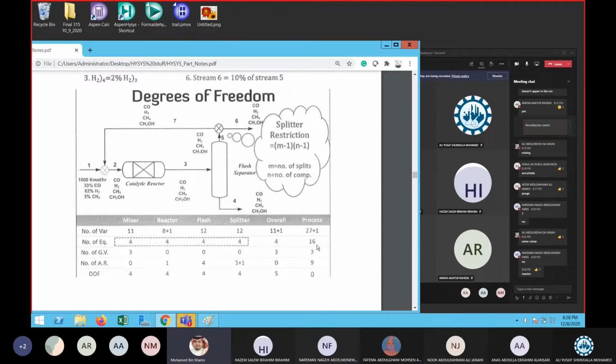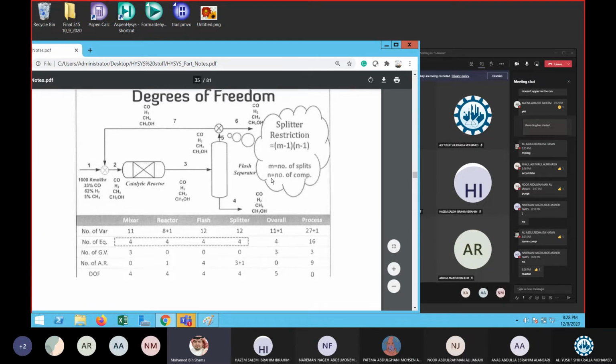So I have 16 equations. The number of given variables are these 3. The number of relations, now I'm talking about the process, so I'm going to count all the relations. So 1 plus 4, 5, 5 plus 4, 9. So you can see the process is solvable.